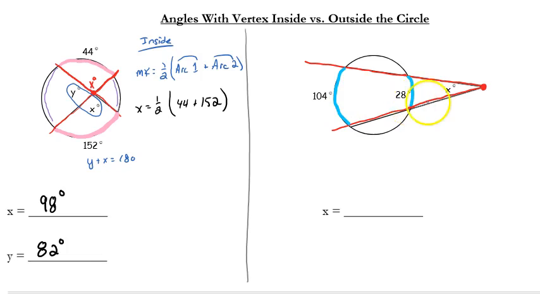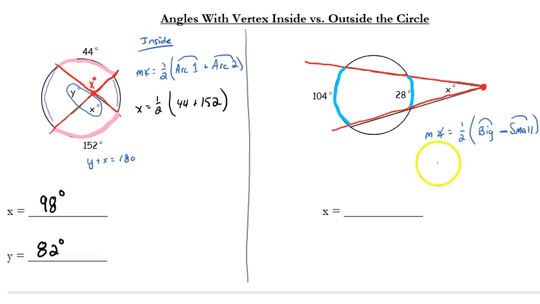So, what's the property? It's almost identical to this, except it's not a sum. It's the difference. In this case, the measure of my angle is going to be equal to exactly half of my big arc minus the small arc.